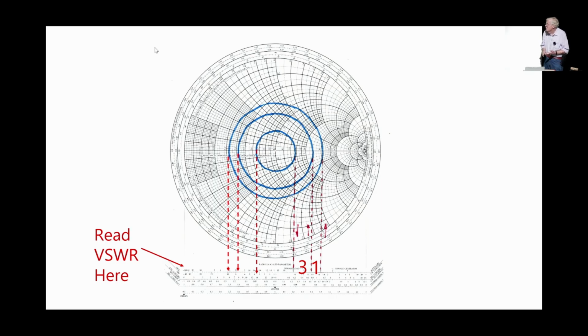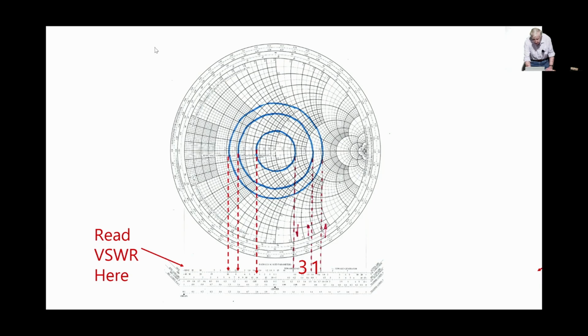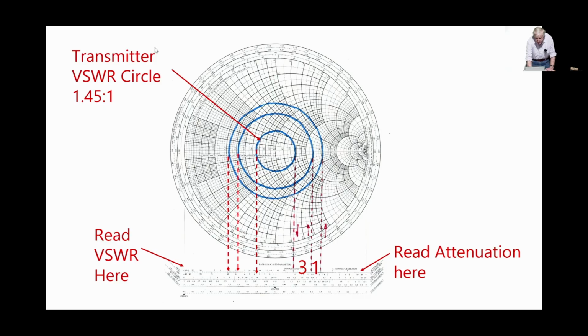At HF, well, you've probably got lower losses, but if you've got a long line, 3 dB is not a hell of a lot of loss really, but there it is. Big difference. So read the attenuation there. So that's a surprising result really, when you sort of look at that. A bit sobering in one way, but yeah.